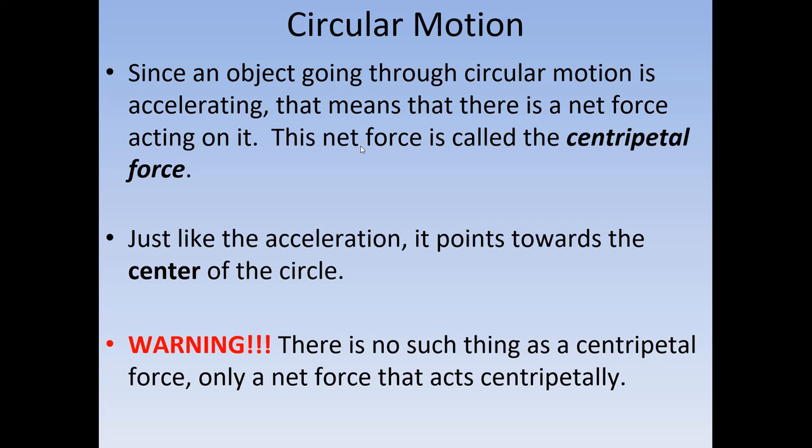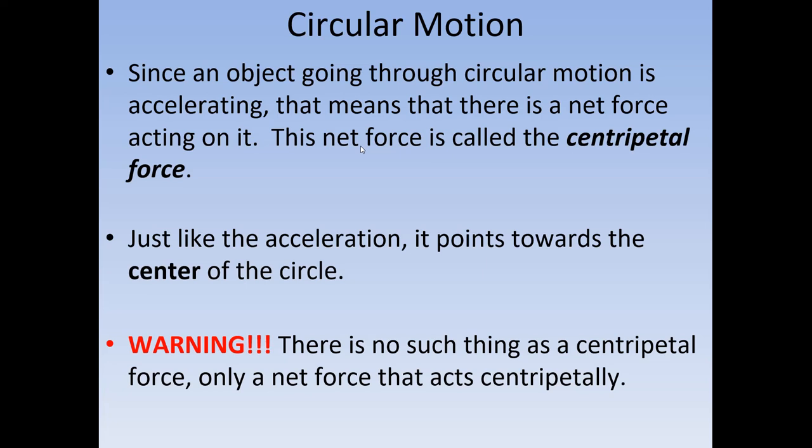So what ends up happening is that when you draw your FBD, the centripetal force is never going to be added in there. What ends up changing is that one of the forces that is in your FBD, or multiple forces, are going to end up acting as a centripetal force. So, for example, the gravitational force can be a centripetal force in certain cases.